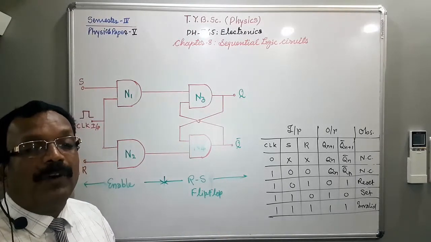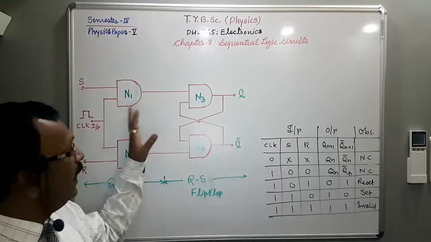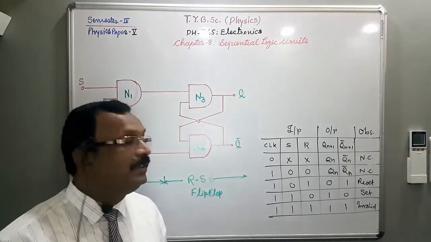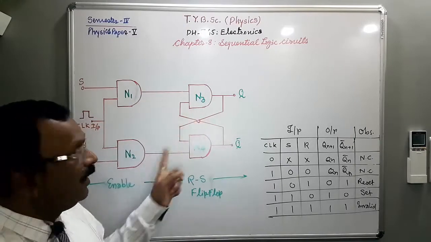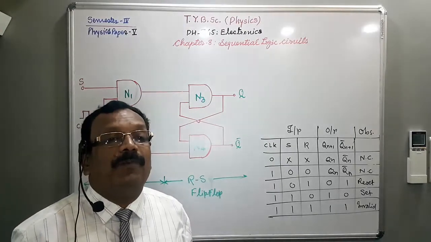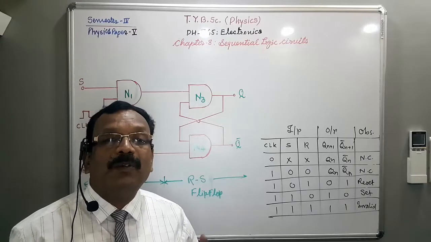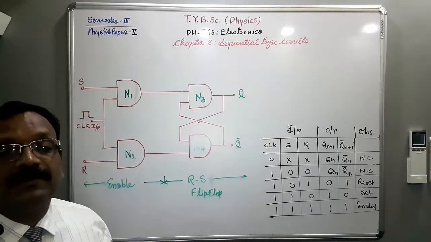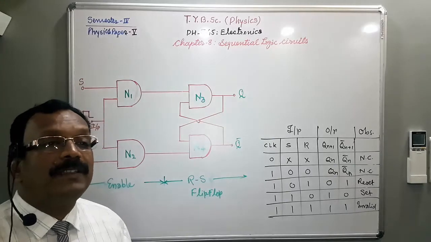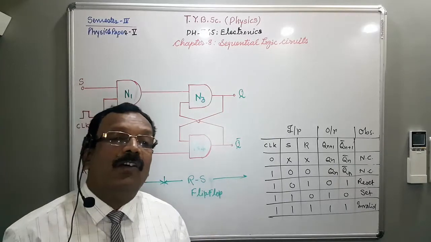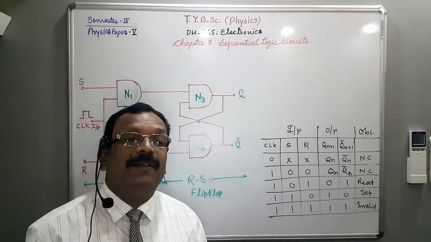What will be the modification? The RS flip-flop using NAND gates, these are the 4 NAND gates, is driven by 2 more NAND gates, which enable or disable the flip-flop.